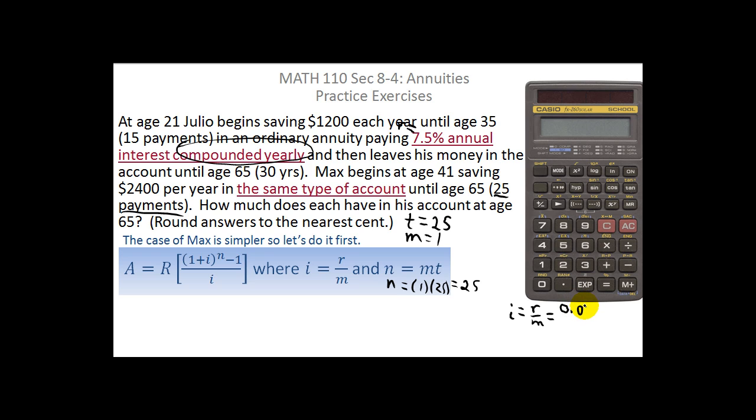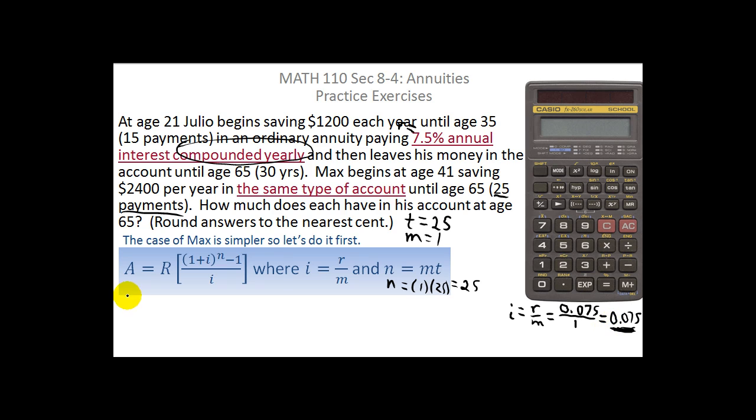So I get 0.075, and I want to divide it by M, which is 1. So it's very easy to do I here. It's just going to be 0.075. In other words, when the compounding is annually, I and R are the same thing.